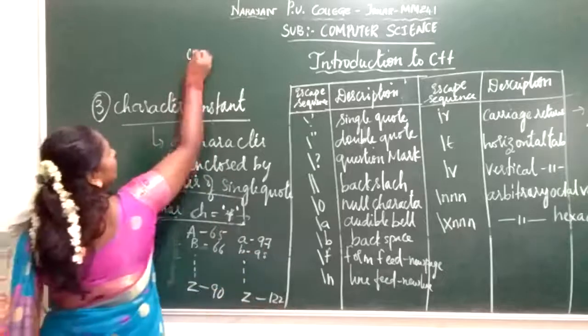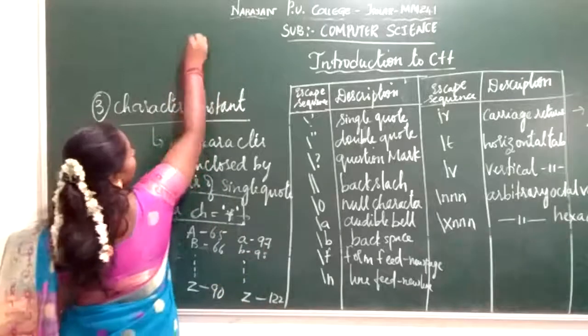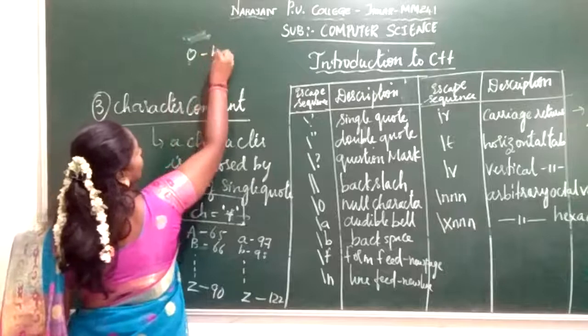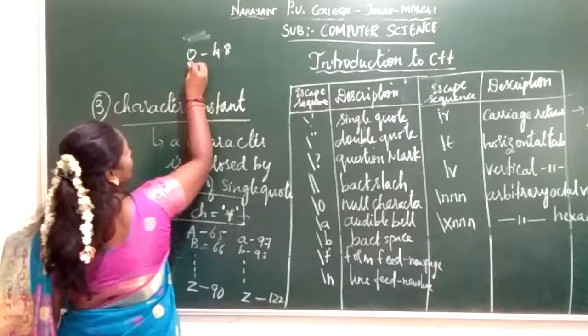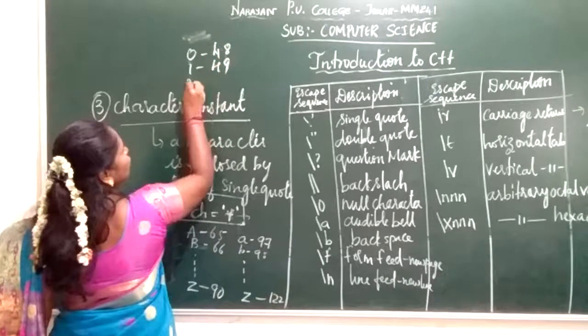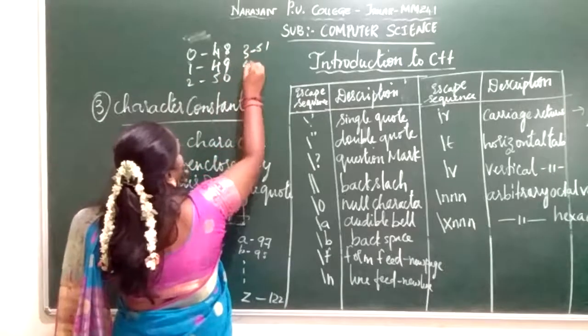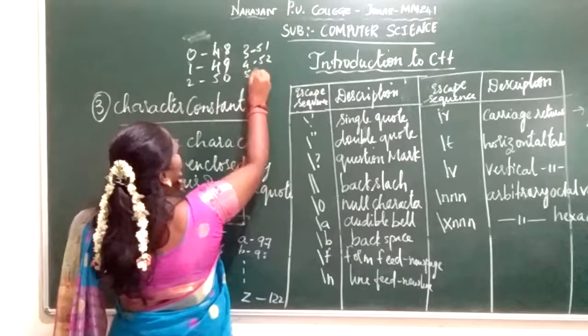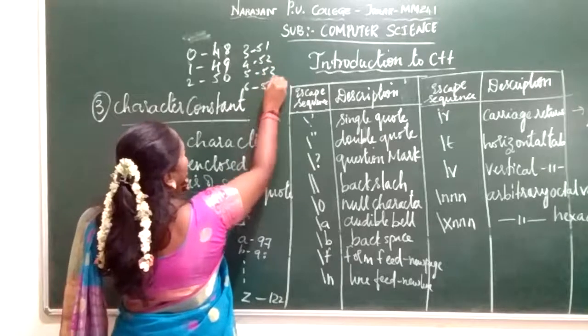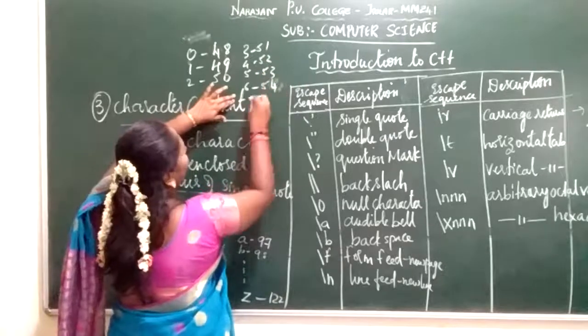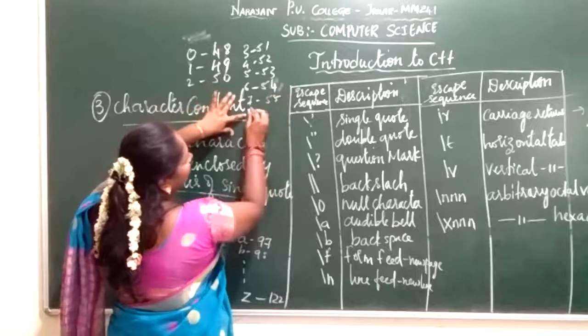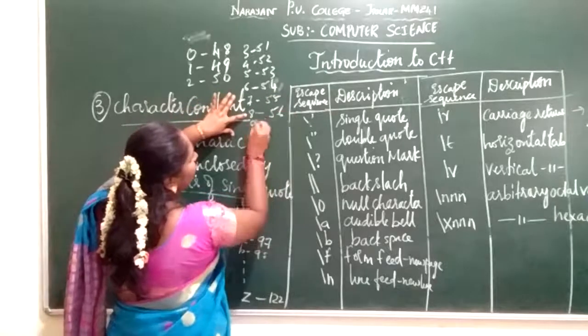For the numerical digits, the values start from 48 for 0, 49 for 1, 50 for 2, 51 for 3, 52 for 4, 53 for 5, 54 for 6, 55 for 7, 56 for 8, and 57 for 9.